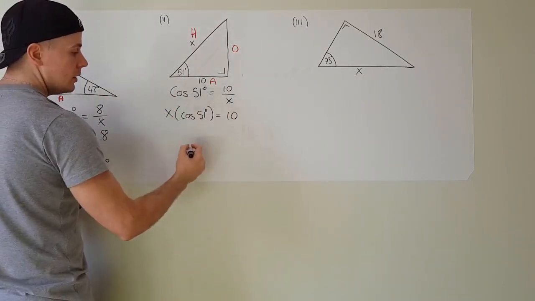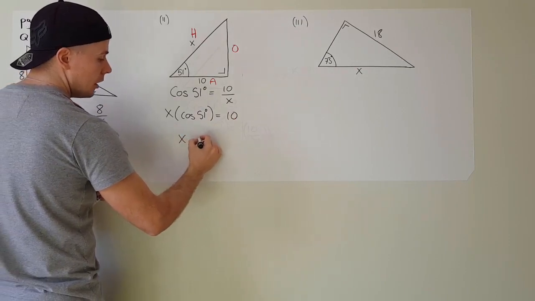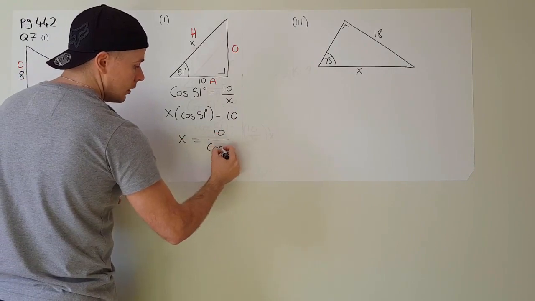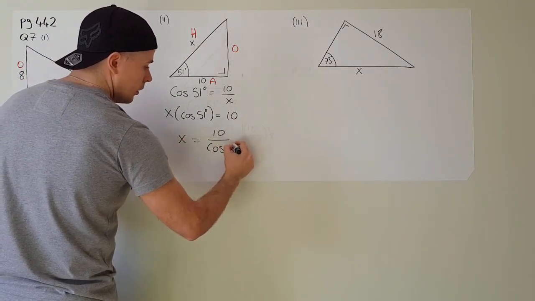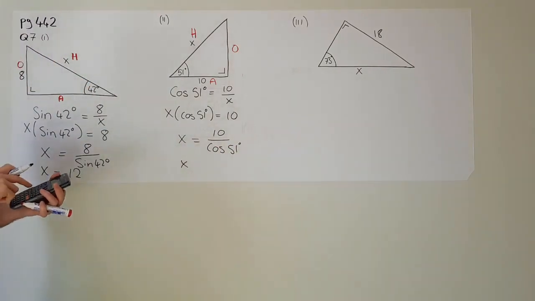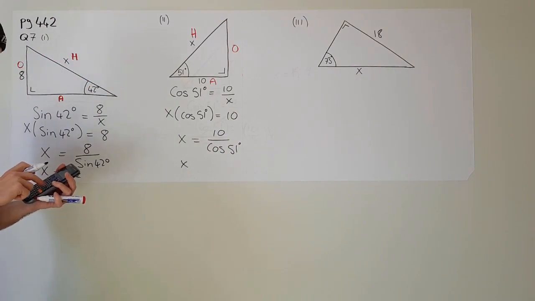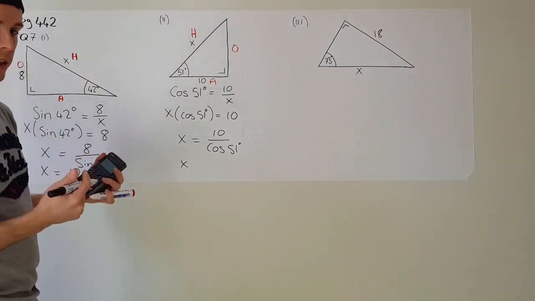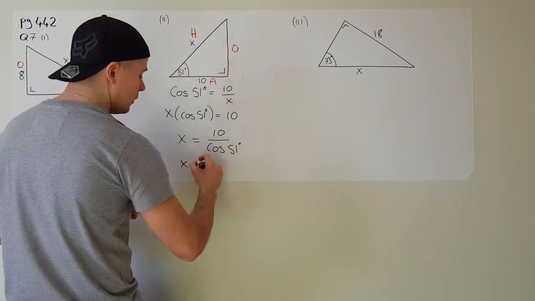Dividing both sides, we end up isolating x. x then will be equal to 10 divided by the cos of 51 degrees. So x is equal to 15.89, rounding that up, 15.9.